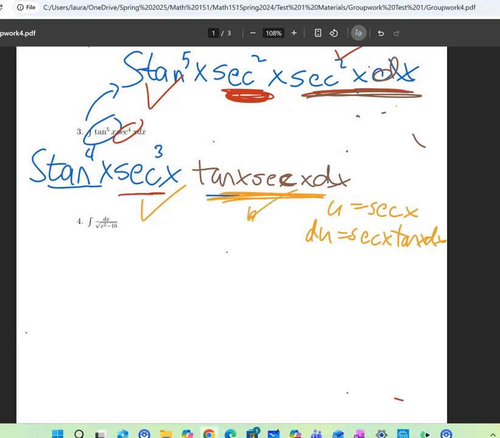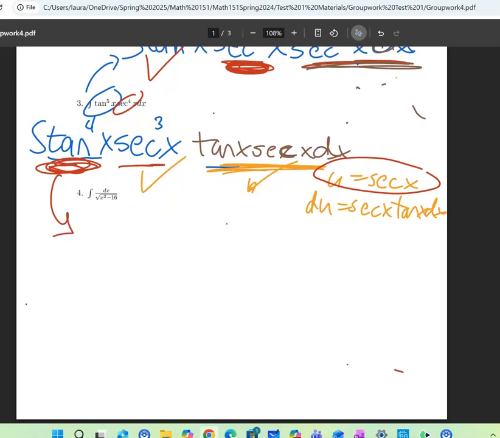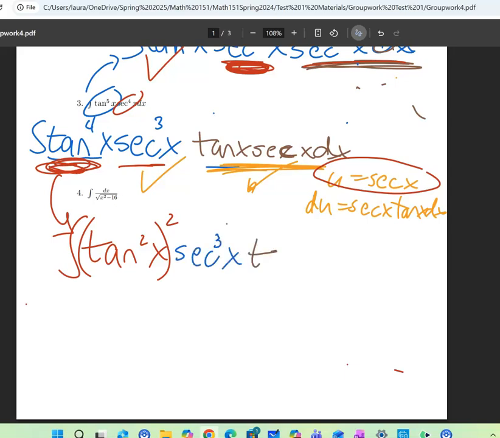So then it's my job to replace tangent to the fourth in terms of secants. Let's think about this. Tangent to the fourth, I would need to write that as tangent squared, squared. And then I'll just carry this secant cubed x and this tangent x, secant x along.